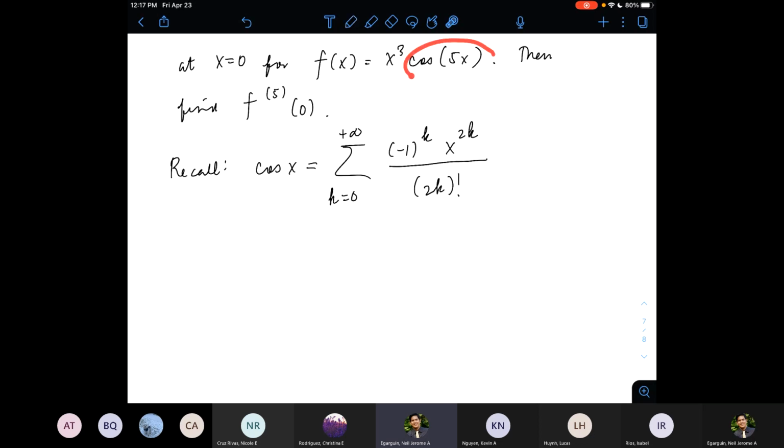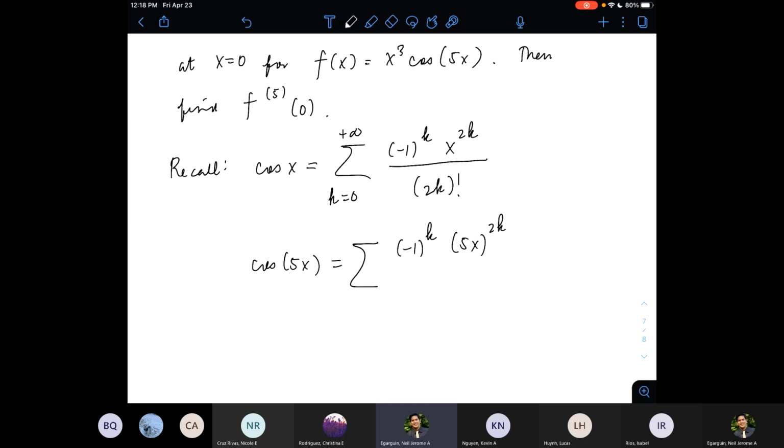But we have a cosine 5x in our function f. But that's easy because we already know the base formula for the expansion of cosine. All I need to do to get an expansion for cosine 5x is to replace all x's I see here by 5x. So here, I'll copy the summation, except for the x's. I have an x here. I'll replace it by 5x.